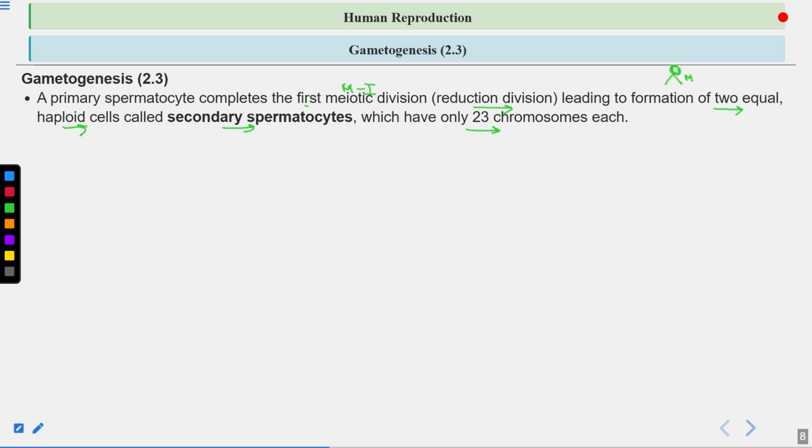Meiosis 1 occurs in this primary spermatocyte to form two secondary spermatocytes, and these secondary spermatocytes will have n number of chromosomes, means 23 chromosomes. So from one primary spermatocyte, two secondary spermatocytes are formed. Ploidy level is different. Primary spermatocyte was 2n, secondary spermatocytes are n.